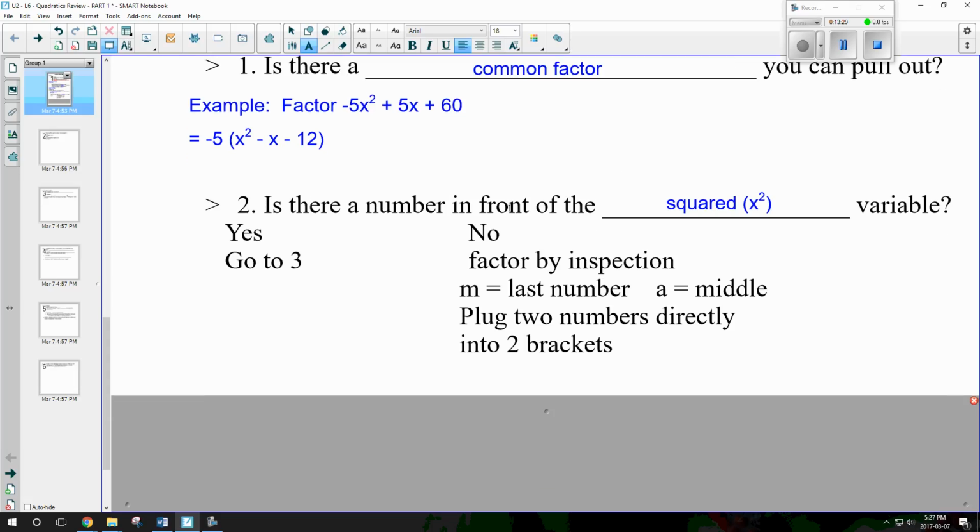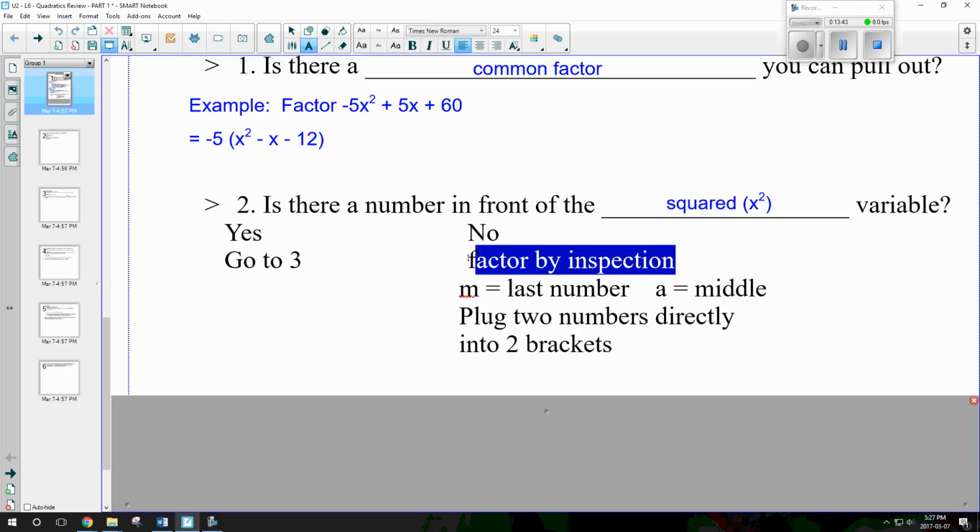So question number 2, is there a number in front of our squared variable, which is our x squared? If yes, if there is a number in front of our squared variable, we have to go into decomposition, which is step number 3. If not, remember, that's when we can use factor by inspection.